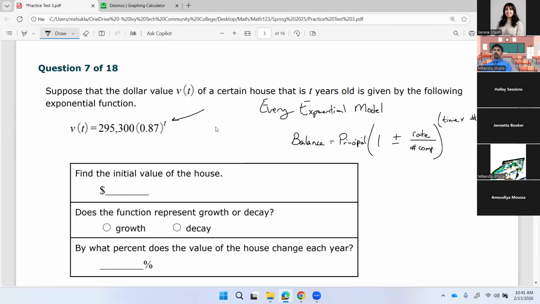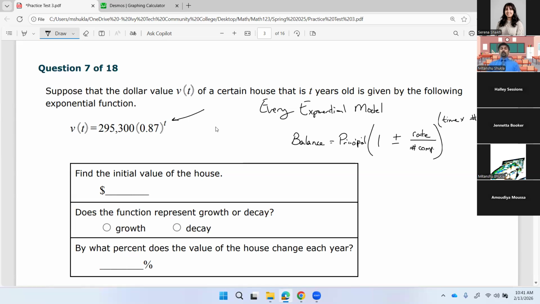And we're going to talk about this. Okay. This can work for money. This can work for populations. This can work for anything that has a rate and is compounding that rate. I can do this. Okay.